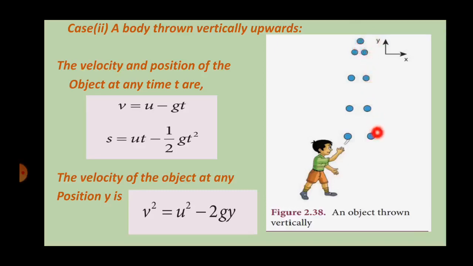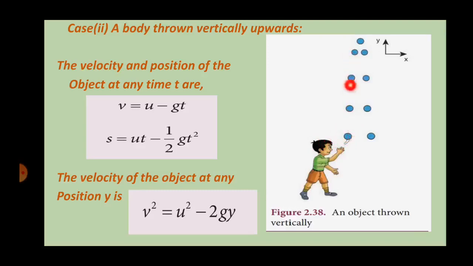So students, in the previous case, the object was at the ground and the object was moving along the positive y-axis. But in this case, this is my origin, and in this direction is the positive y-axis.